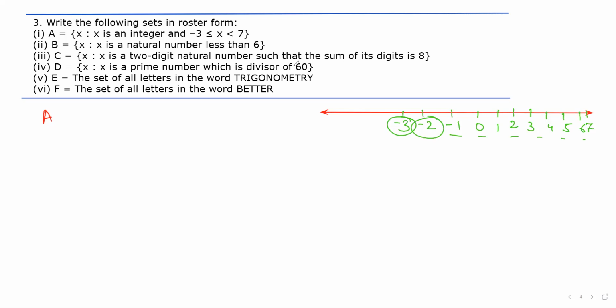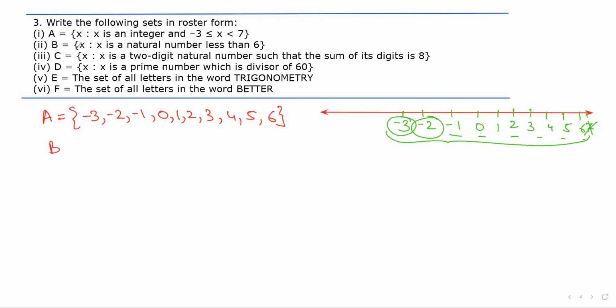And x < 7 means 7 is not included. So from here till here, how many elements do you have? A will be equal to -3, -2, -1, 0, 1, 2, 3, 4, 5, 6. If you have any problem with this symbol, or any doubt with the theory of sets, you can watch another video on sets in the playlist.